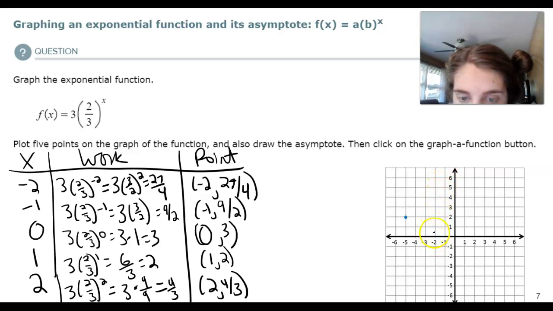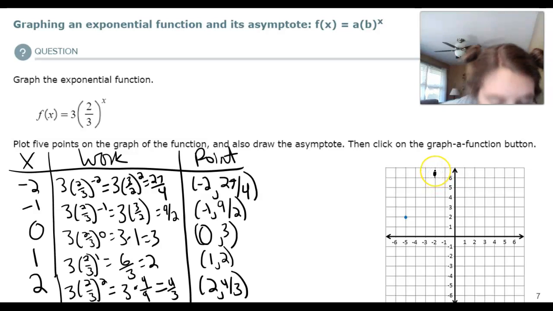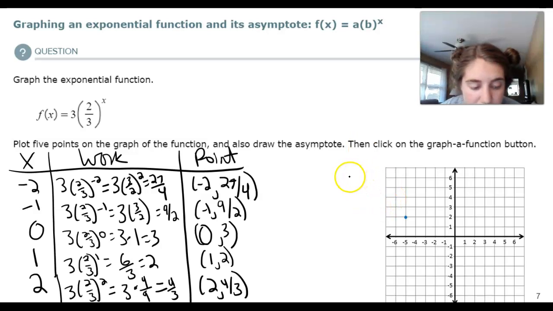So at -2 we have almost 7, at -1, -3 we have 0, at 1 we have 2, at 2 we have 4/3.